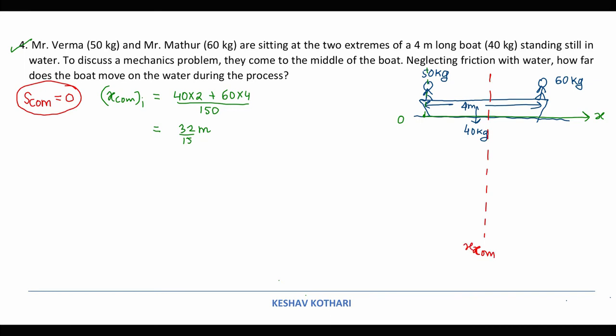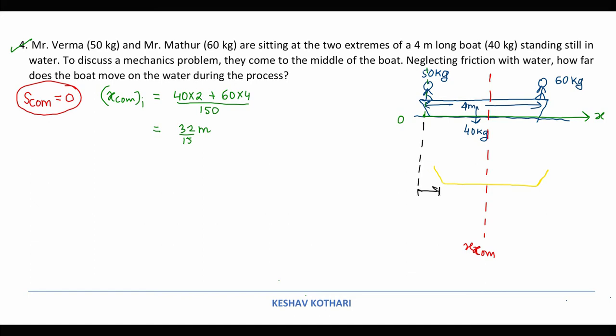Now the question is stating that they both start walking and they meet at the middle of the boat. As a result, I am considering that the boat is displaced by a distance x from its initial position.